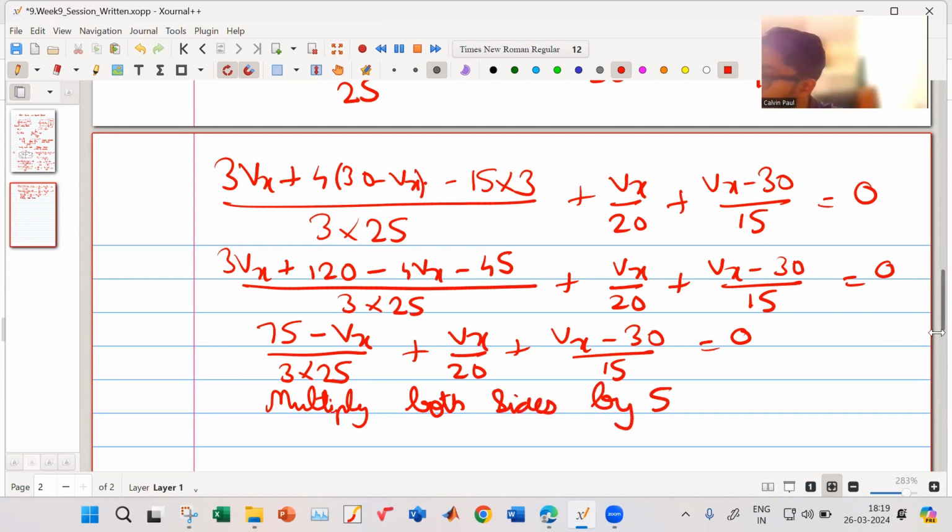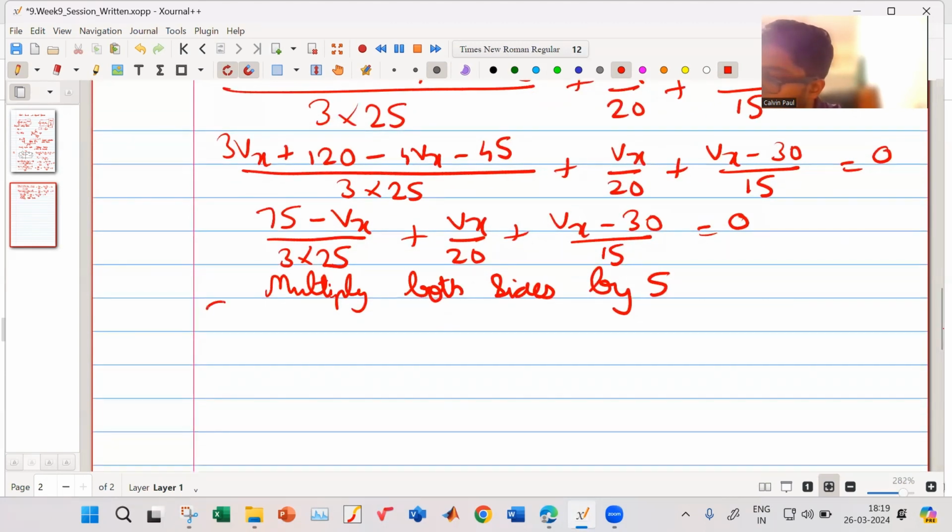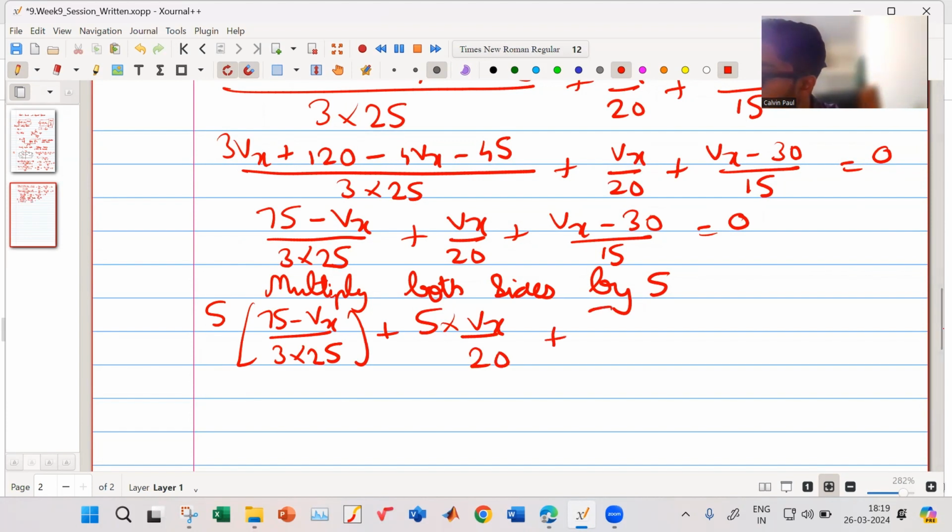So it becomes 5 into 75 minus Vx upon 3 into 25, plus 5 into Vx upon 20, plus 5 into Vx minus 30 upon 15 is equal to 5 into 0.